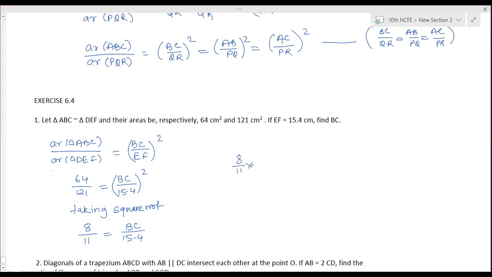So 8 by 11 into 15.4 is equal to BC. 1.4 into 8 is 11.2. So 11.2 centimeters is the value of BC. Is that clear? Yes, ma'am.